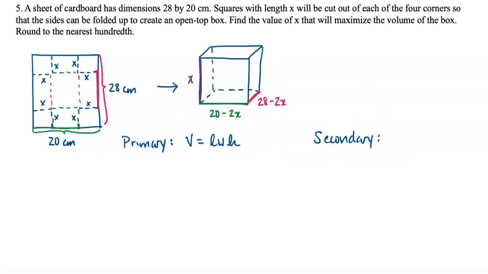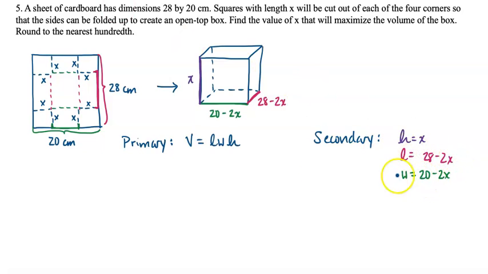So our secondary equations are that the height is equal to x, the length is equal to 28 minus 2x, and the width is equal to 20 minus 2x.